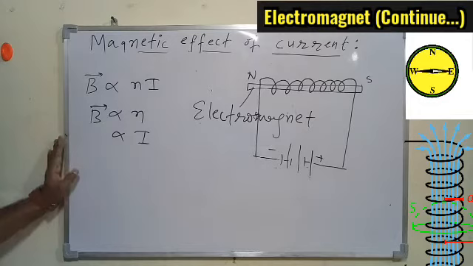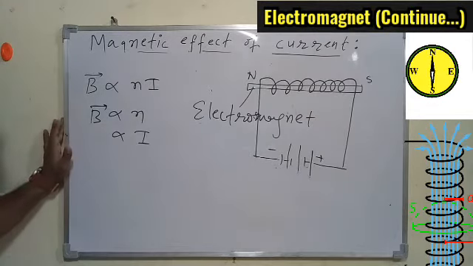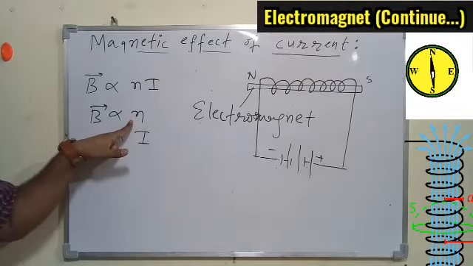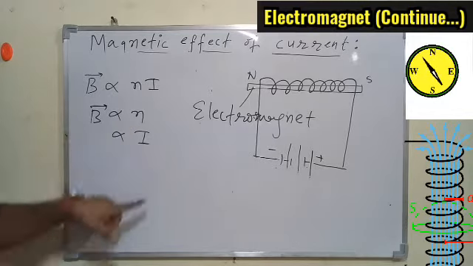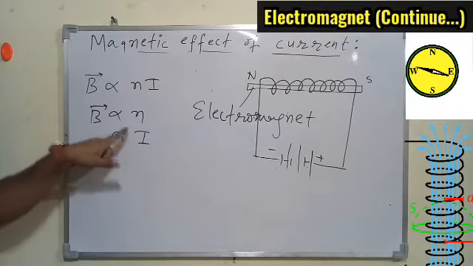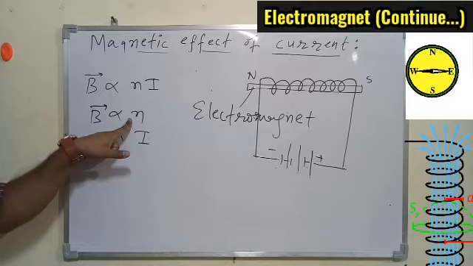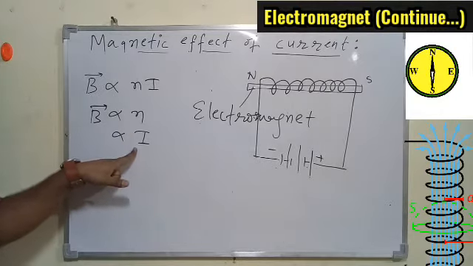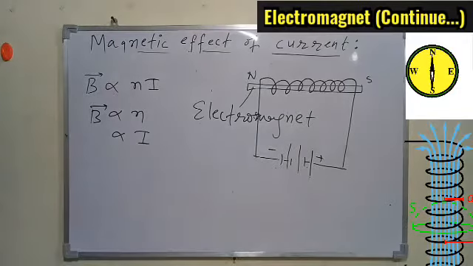So overall we can say the strength of the electromagnet depends on two main things. That is, the first thing is the number of turns per unit length of the solenoid within which the material is placed. The electric current, more is the number of turns in a given length, more will be the strength of the electromagnet. More is the electric current, more will be the strength of the electromagnet.